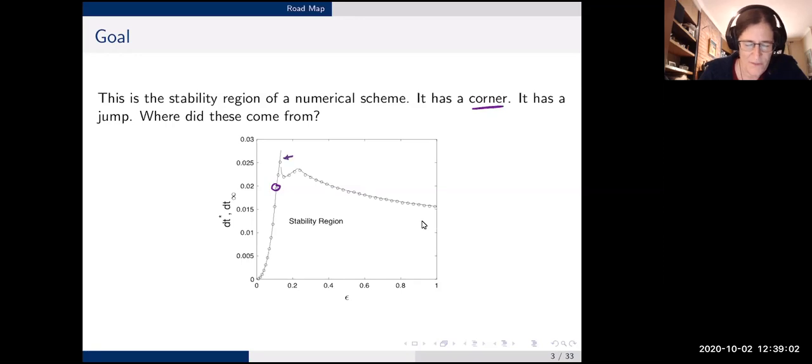Obviously there's a jump. And both of these are not the types of things that you see in generic articles. You certainly don't see them in graduate textbooks. And the puzzle of this talk is, where did these come from? Why did they happen? And so before we get to this, I'd like to just warm up.